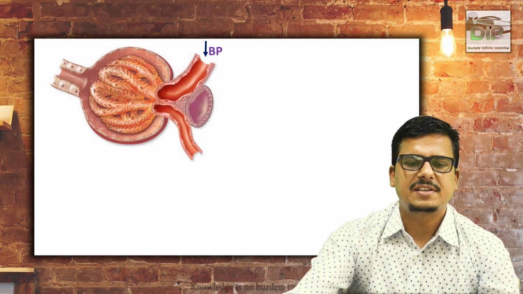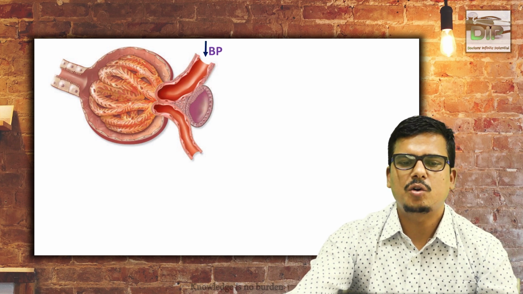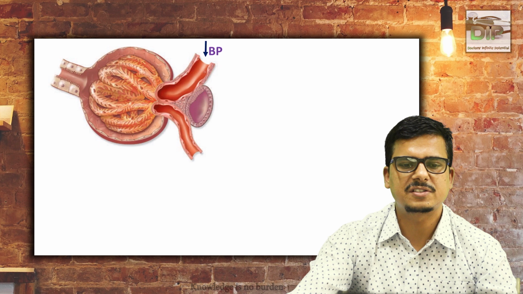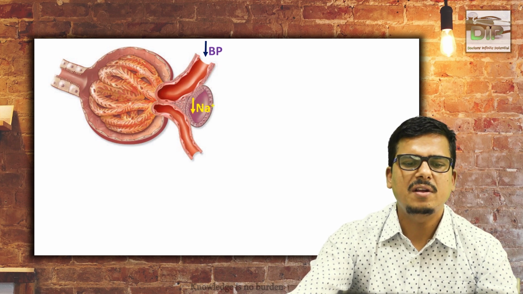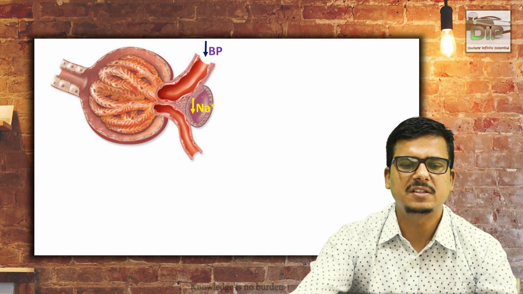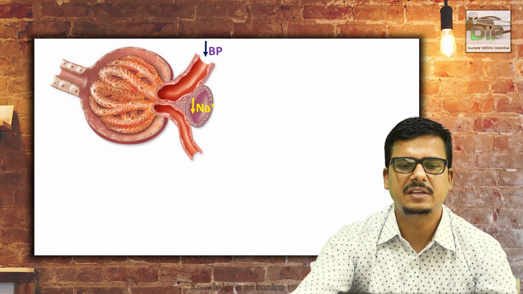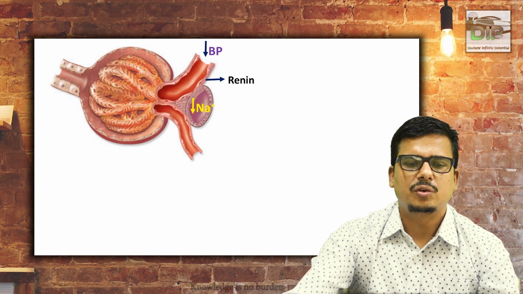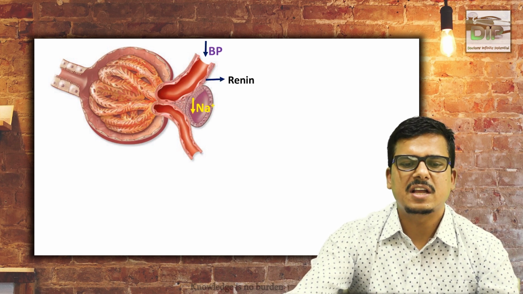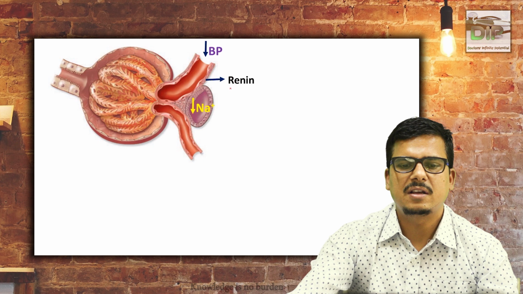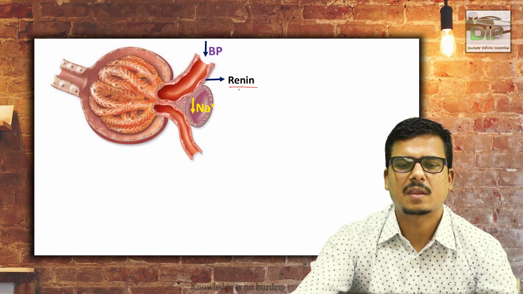As previously I said, the JG cell or juxtaglomerular cell detects the decrease in the blood pressure. So if there is a decrease in the blood pressure, or a decrease in the sodium content in the distal convoluted tubule, which is detected by the macula densa cells here, then in response the JG cells secrete renin.